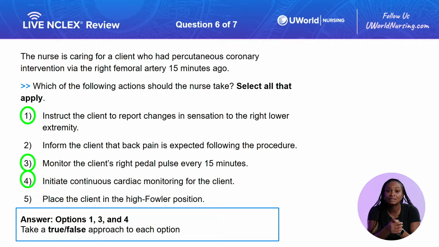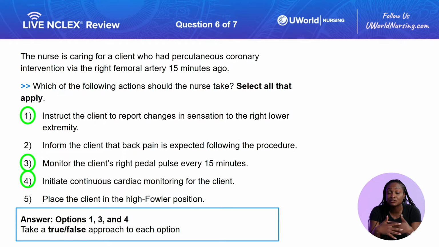Option 2, inform the client that back pain is expected following the procedure. This is an incorrect teaching point. Back pain is not expected, although they are going to be on bed rest for a significant amount of time so we can make sure they have circulation to the leg and prevent hematoma. Back pain could actually be a complication, maybe blood pooling in the retroperitoneal area and causing that back pain.